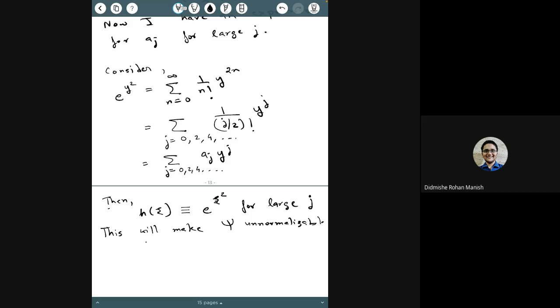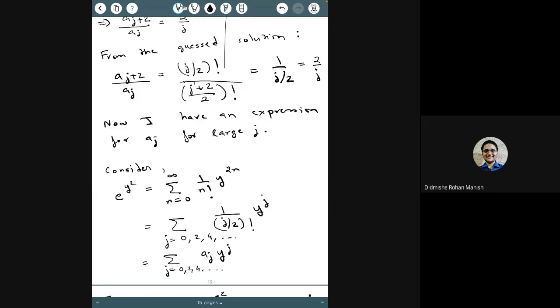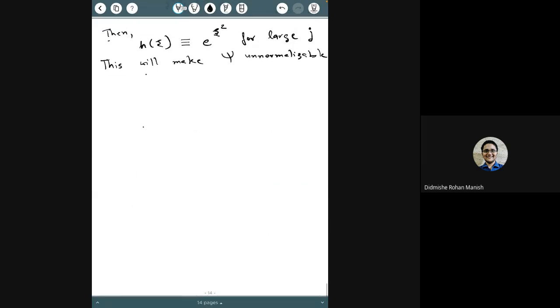So the only possibility for this whole psi to be normalizable is if h truncates somewhere. The recursion relation actually didn't help us to keep things normalized.